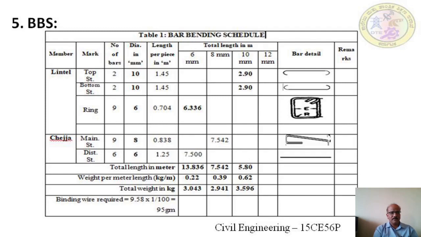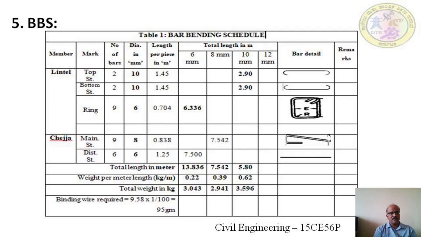For the total weight required, we need to multiply the length required by the weight per meter length. For 6 mm, 13.836 meter is the length of bar required. We multiply that by 0.22 kg per meter, and it comes around 3.043 kg.